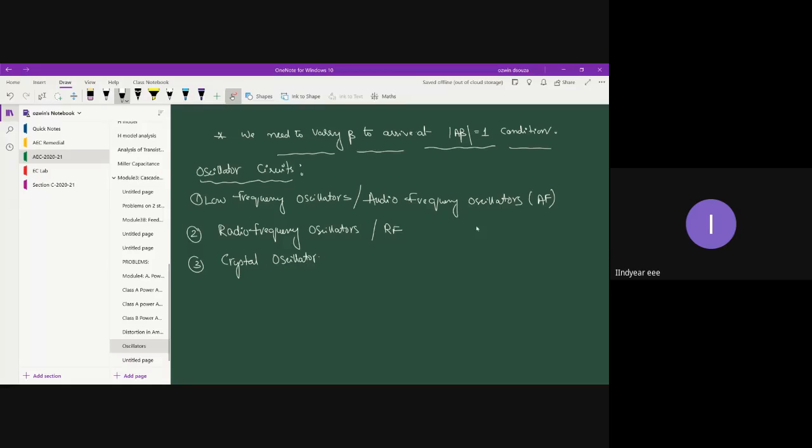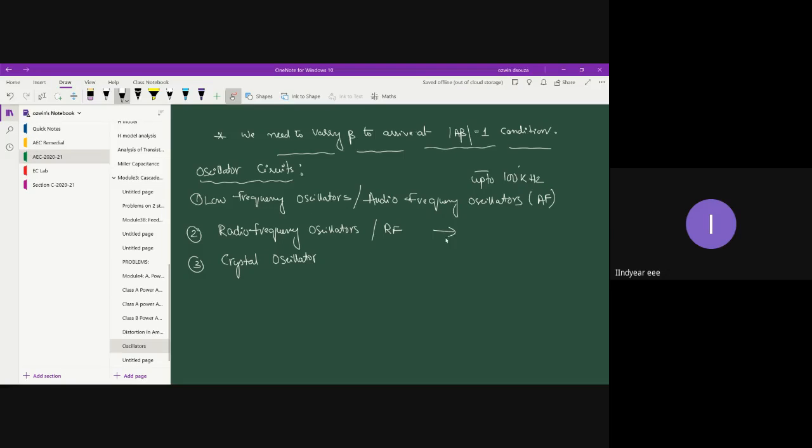Now, audio frequency oscillators go up to, let's say, 100 kilohertz.